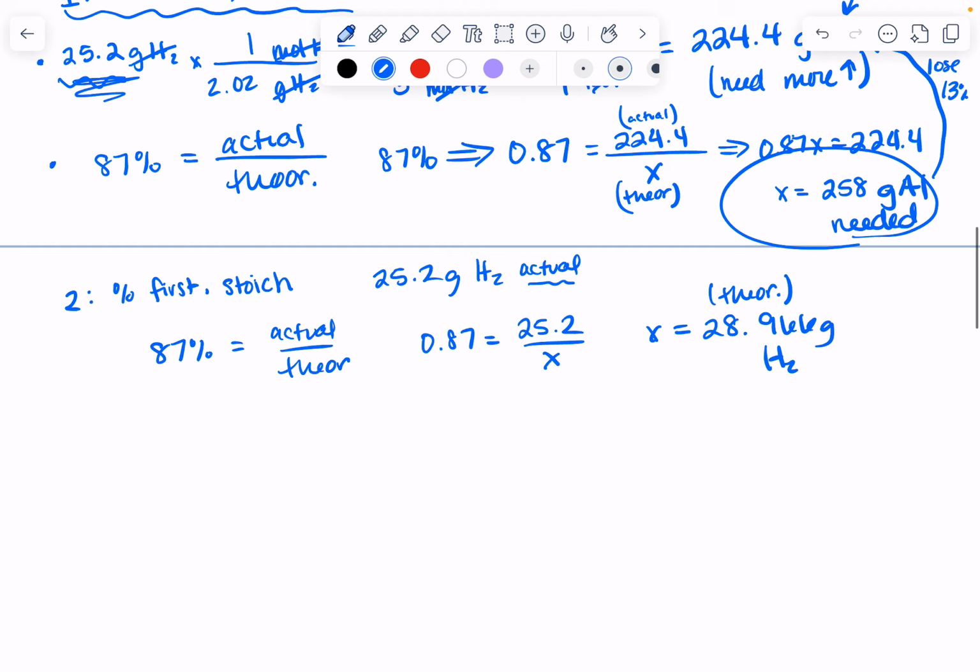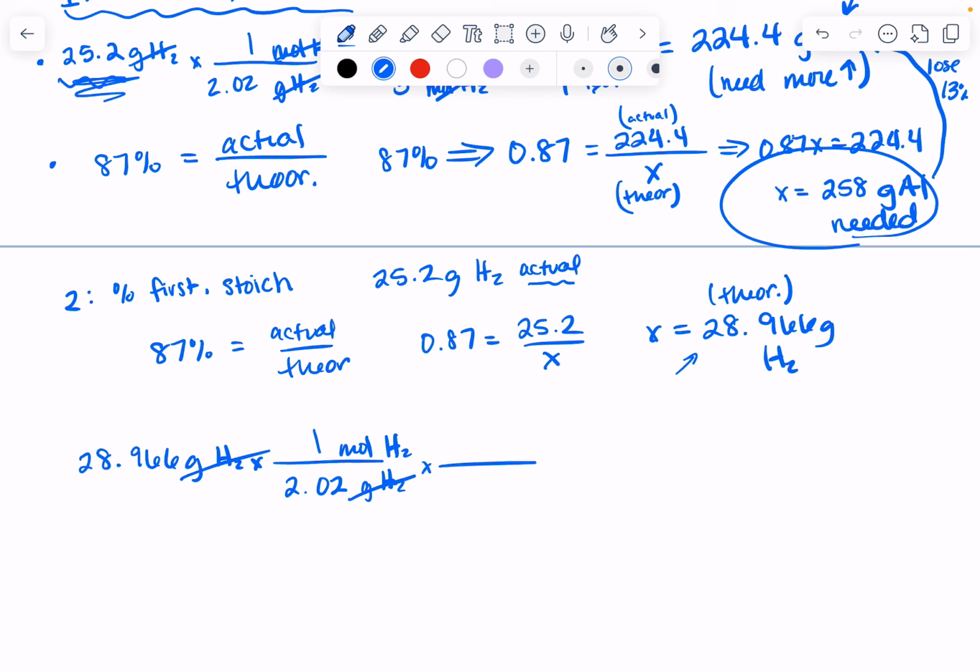So now if we use stoichiometry to figure out the amount of aluminum that would be needed to make that, so we have 28.966 grams of hydrogen, and we're just going to use stoichiometry to figure out how much aluminum would be needed to create that. So we're just going to plug in here 2.02 grams of hydrogen per mole.